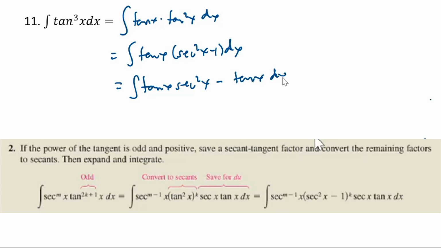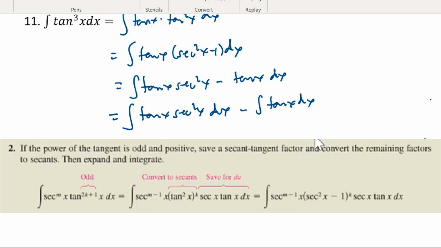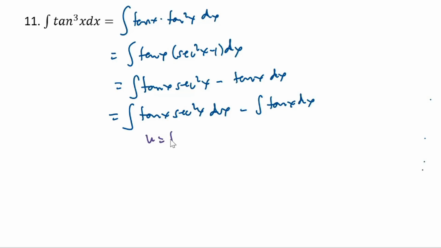And then using distributive property, we have the product of tangent x secant squared x minus tangent x dx. So separating the two terms, we can write now as the integral of tangent x secant squared x dx minus the integral of tangent x dx. So in the first term, we can let u equal tangent x and du here equals secant squared x dx.